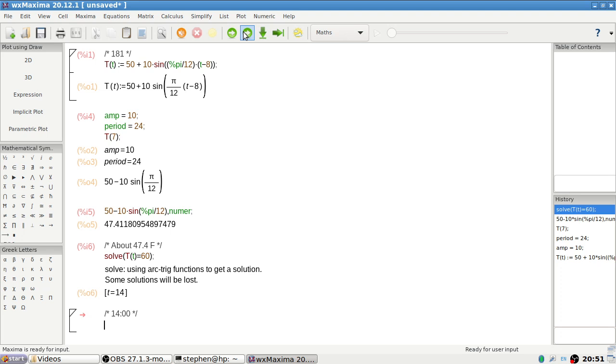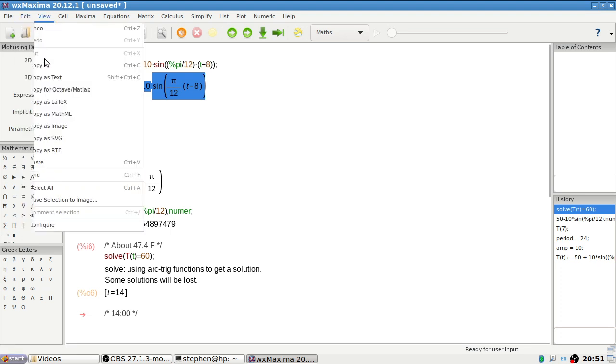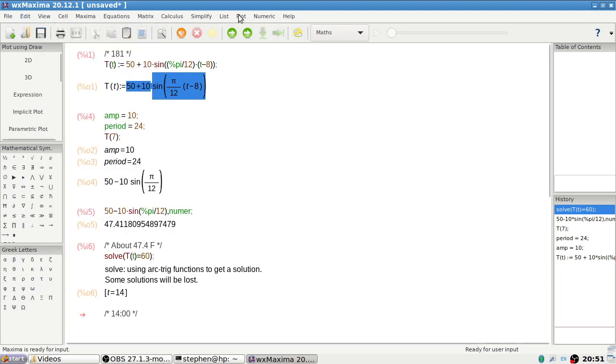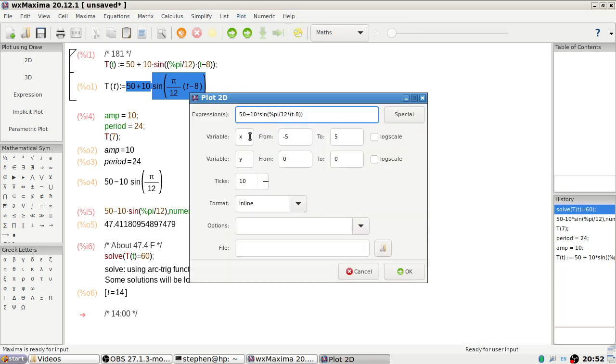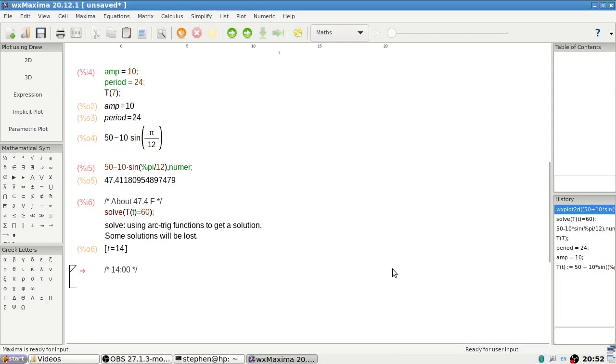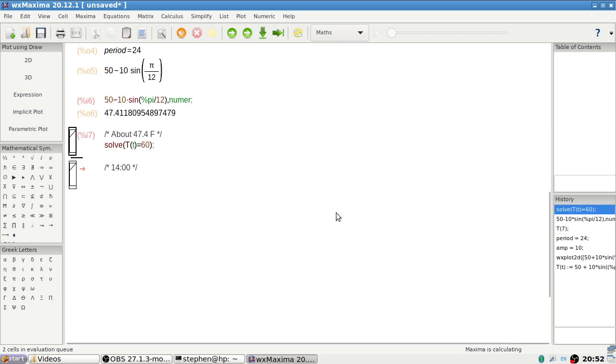And then sketch the graph again. Okay. Let's just copy that. Okay. So I should have changed that last time. It's t from 0 to 24. And that graph goes from 40 to 60. There it is there.